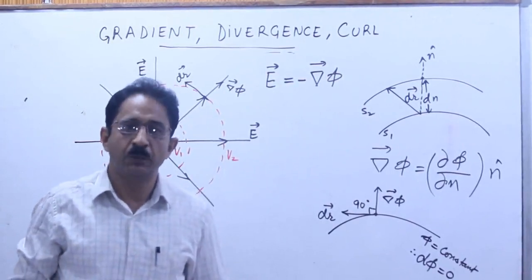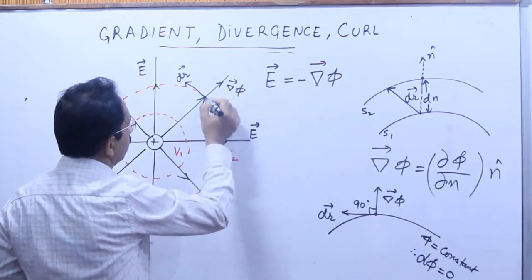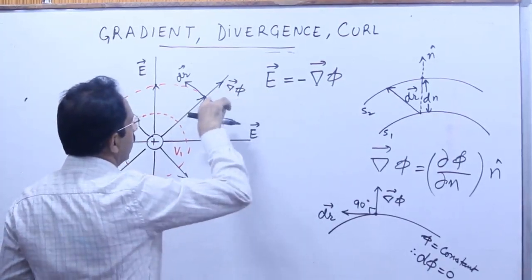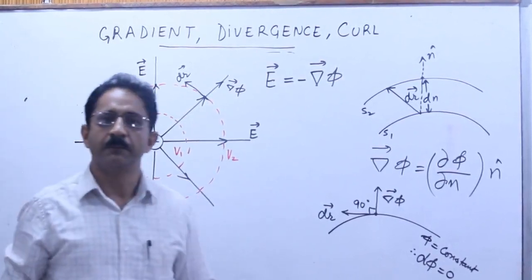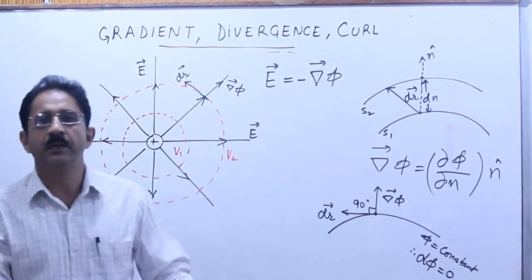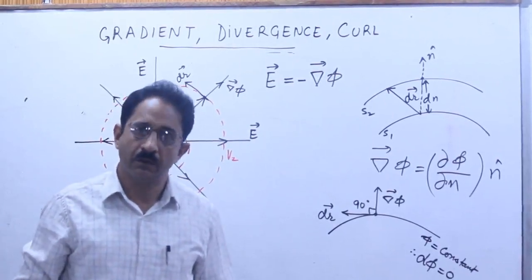And at each point, the direction of electric field is also that of the gradient, and gradient between two level surfaces is perpendicular to them. This is how we can repeat the same in case of gravitational field also.